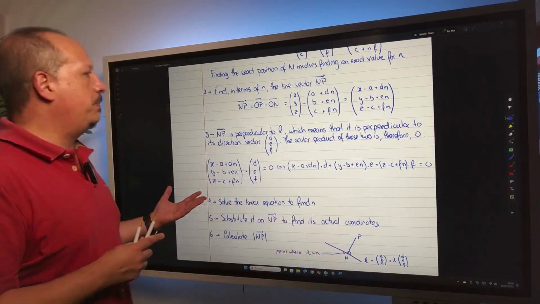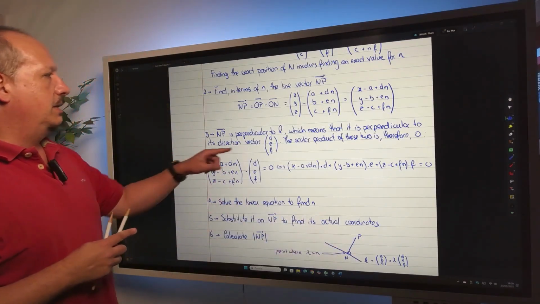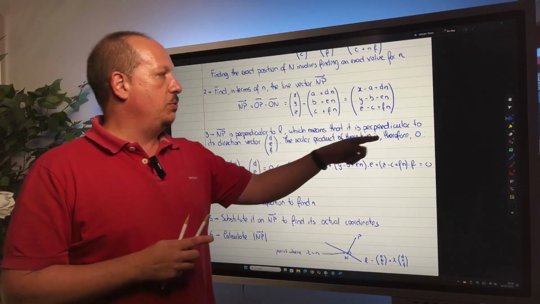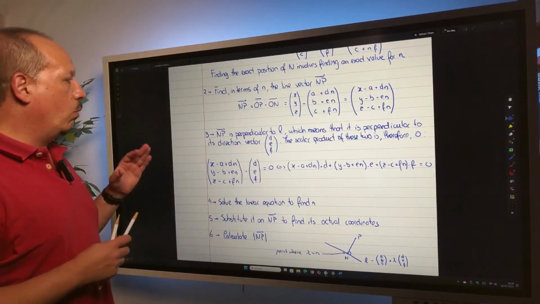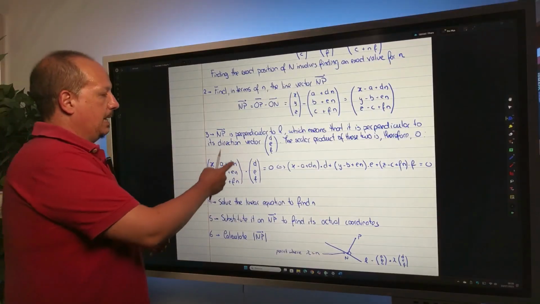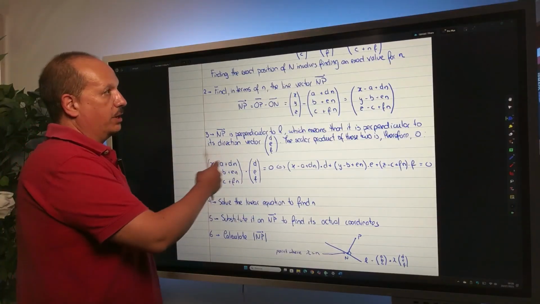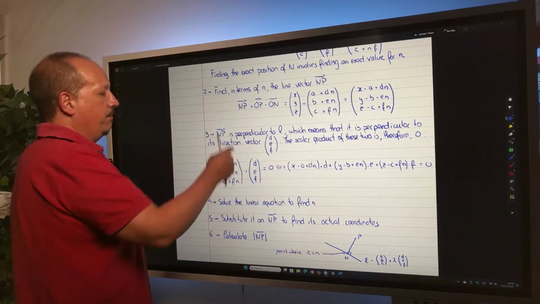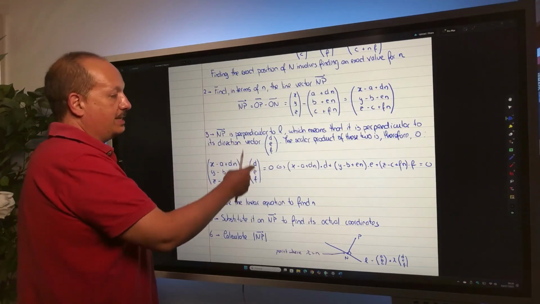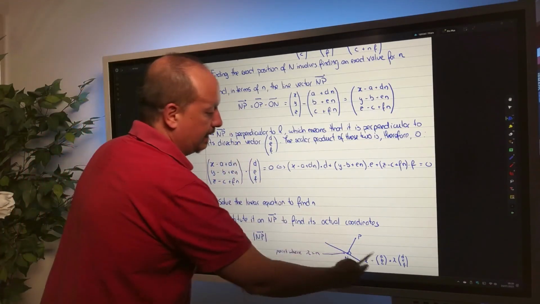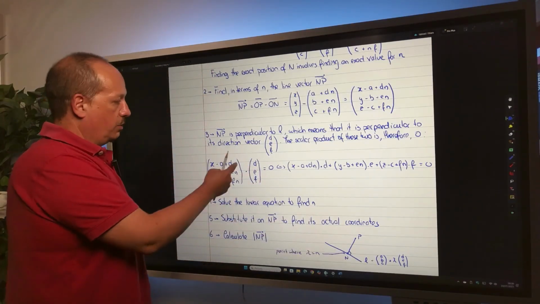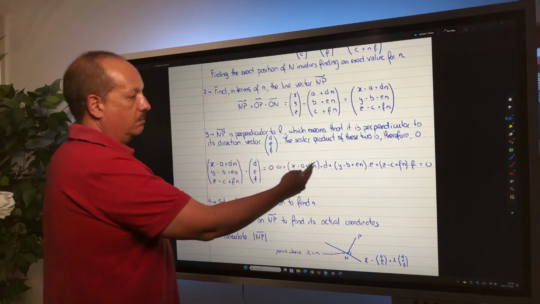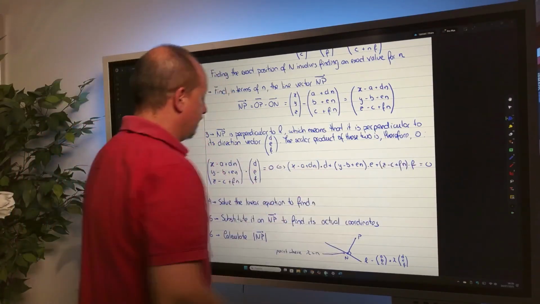What does perpendicular mean? The scalar product of these two must therefore be 0. So we multiply this, which is NP, by this, which is the direction vector of line L, and this must be 0. So we just do the multiplication and equate it to 0.